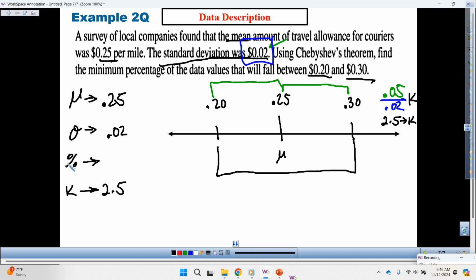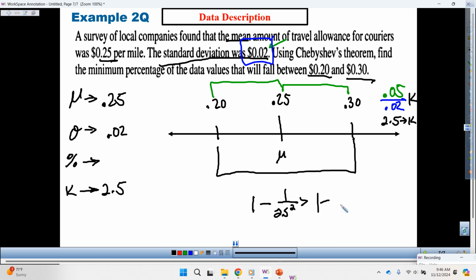So, does anybody know a formula on how to get the percentage for Chebyshev? Close. Let's go to the beginning. The formula that you wrote down on your notes was what? 1 minus 1 over K squared. What is K now? 2.5. That is correct.